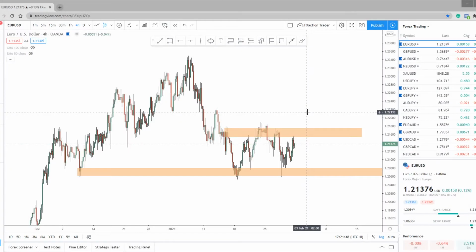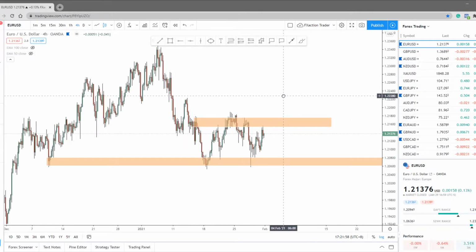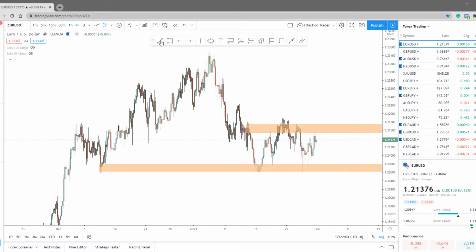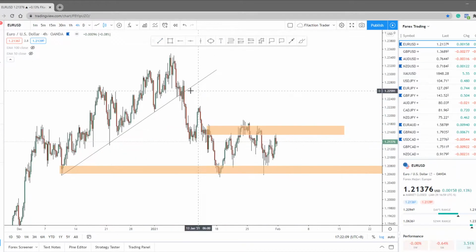Alright guys, welcome back to my analysis video, and we're going to start the first analysis with this euro dollar. So let's have a look on this euro dollar H4 chart. On H4 chart, what I can see is that market has actually broken the previous uptrend and market is currently trading on a downtrend basis.